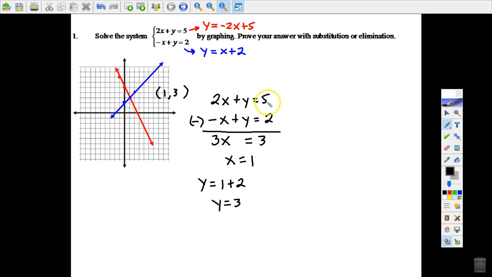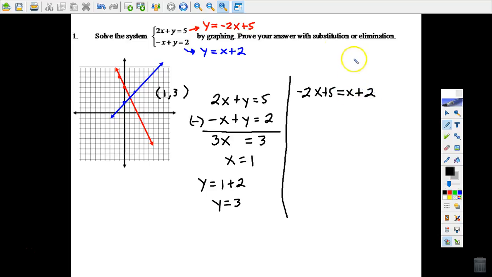So we proved basically that our graphing answer was correct by picking another method, in this case elimination, and we got the same answer. Okay, if you did substitution, that's easy enough. Since they're both solved for y, then you could just let one of these, say the blue x plus 2, replace this red y. Or you could have done the red negative 2x plus 5 replacing the blue y. Really doesn't matter. So I'm just going to say negative 2x plus 5 equals x plus 2.